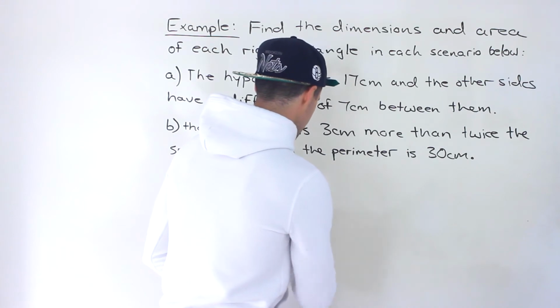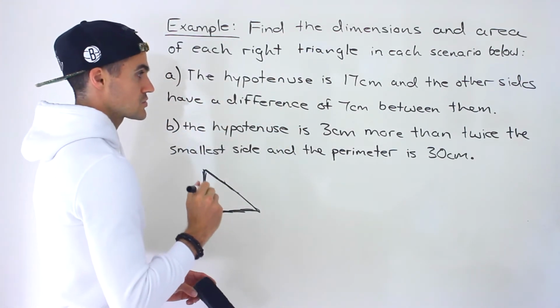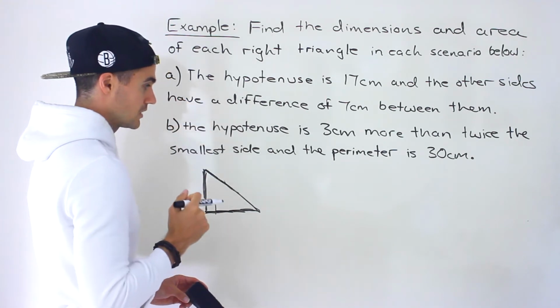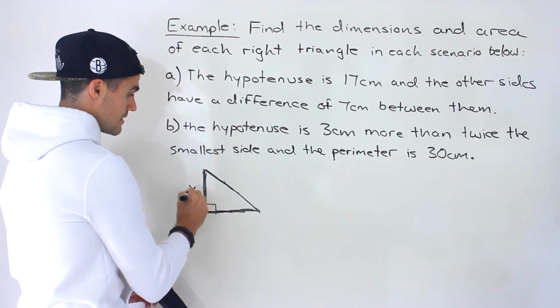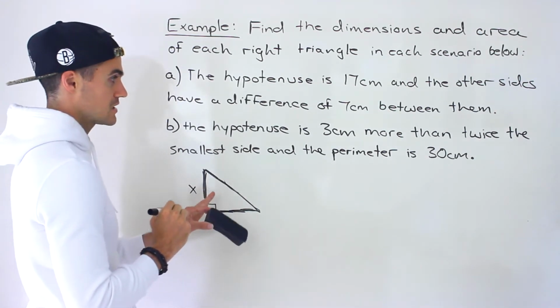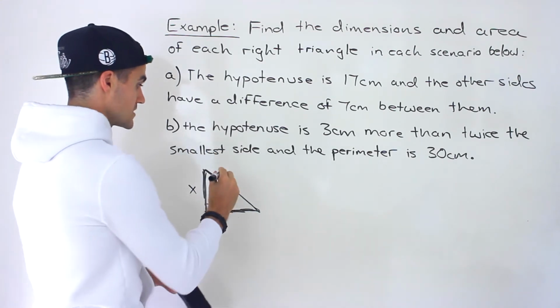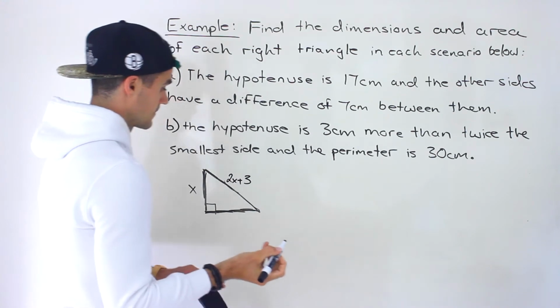So in part B, we're told that the hypotenuse is 3 centimeters more than twice the smallest side. So let's let this be x. Let's pretend this is the smallest side. And so the hypotenuse is going to be 3 centimeters more than twice the smallest side, so it's going to be 2x plus 3, like that.